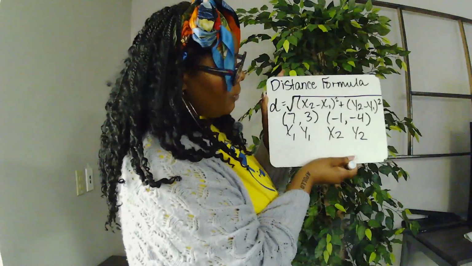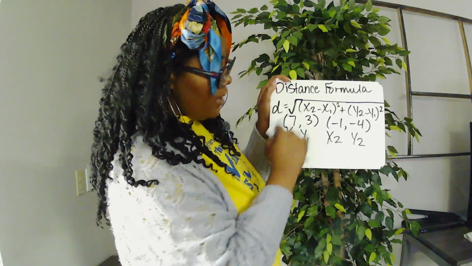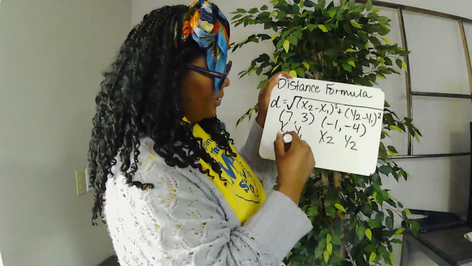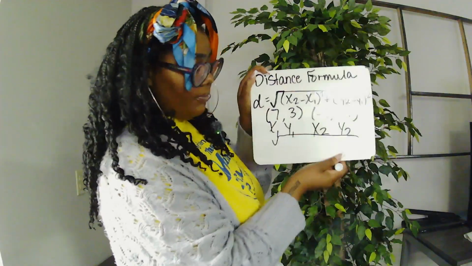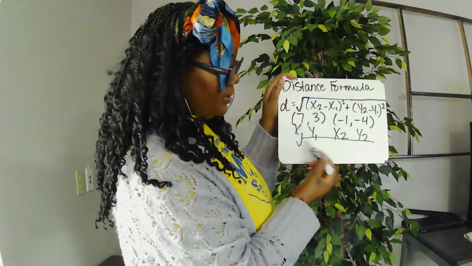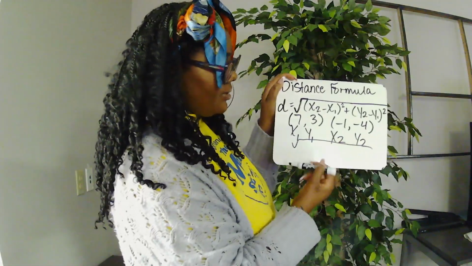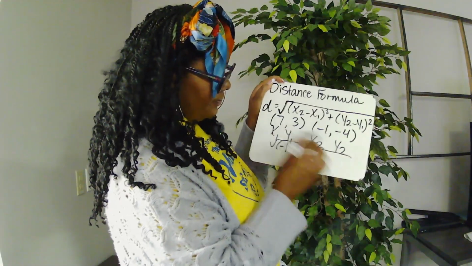So it looks like the formula wants me to start with x2. So if I follow the formula the same way I see it, I'm going to go ahead and write a large square root symbol. And I'm going to go ahead and write what I labeled x2. Looks like I labeled the -1, x2. And I'm going to put it in parentheses the way I see it.